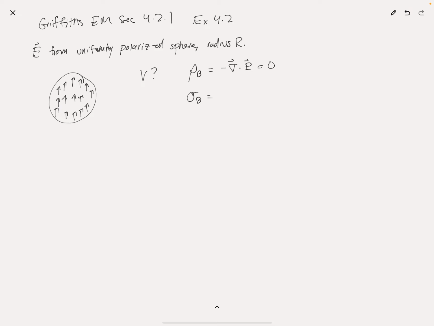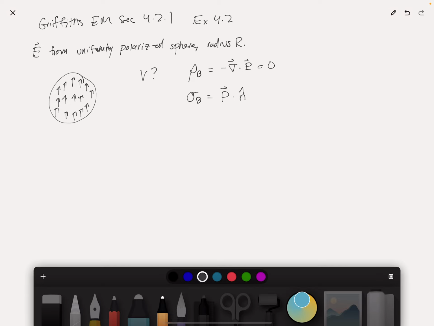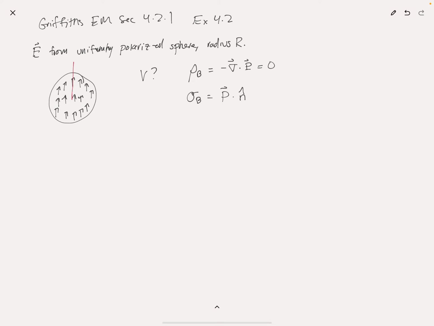What about the surface bound charge? That is the polarization dotted with the surface vector n hat. I have rotated my object so that the polarization is always in the z hat direction, and n hat is whatever direction is normal to the surface.